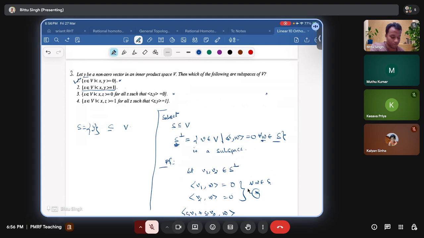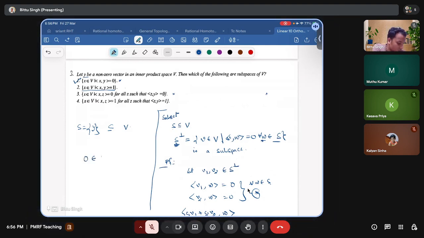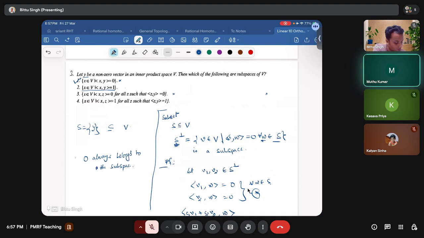But if you see the property that 0 always belongs to a subspace, from here, can you immediately see that 2 is not a subspace? Right? 0 always belongs to the subspace. 0 is not there. Exactly.